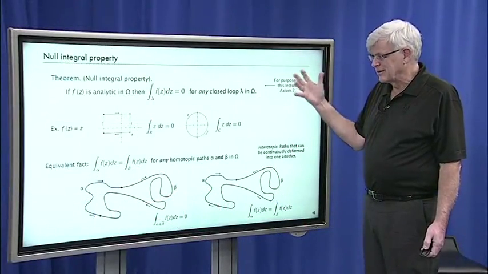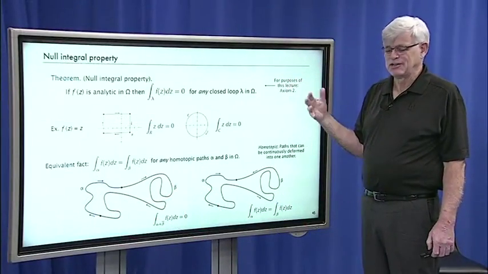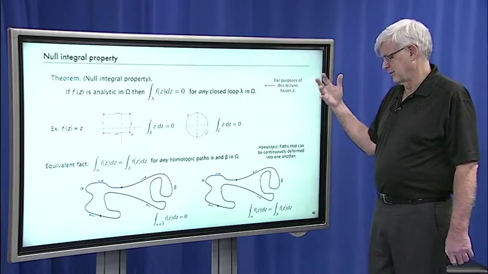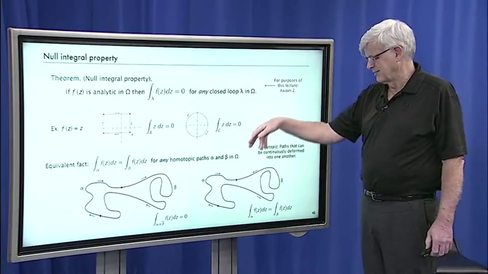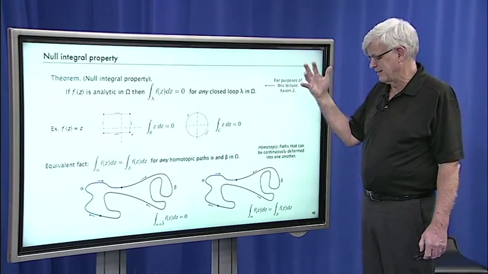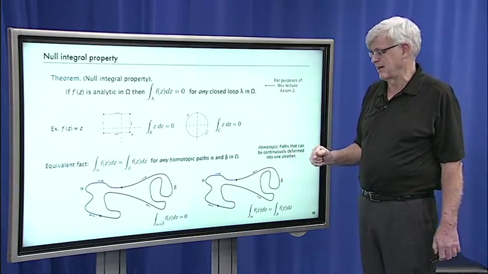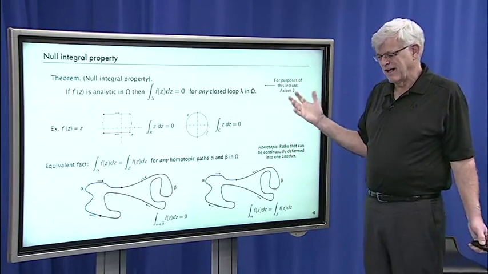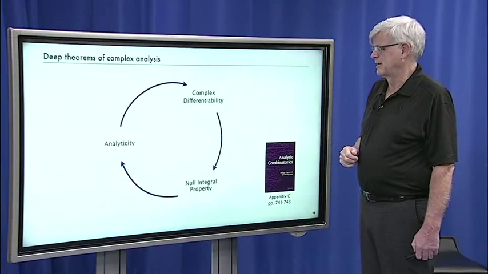So from the null integral property, complex integration is quite a different thing than for real functions, because you have this property that in a lot of cases, it doesn't matter what the path is, you're still going to get the same value. And that's certainly a fascinating and key property.